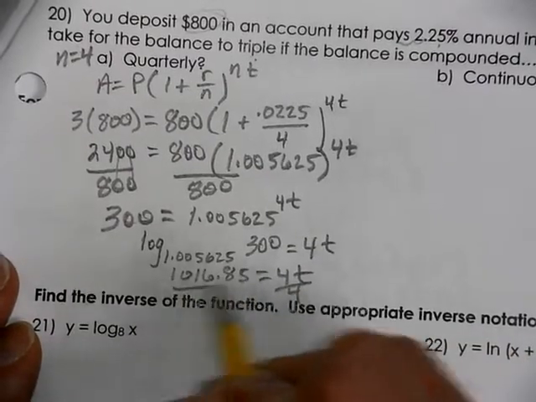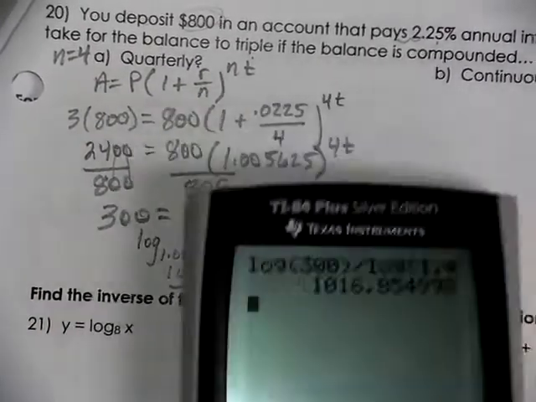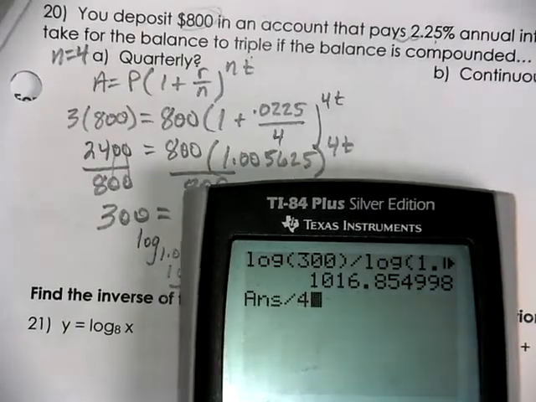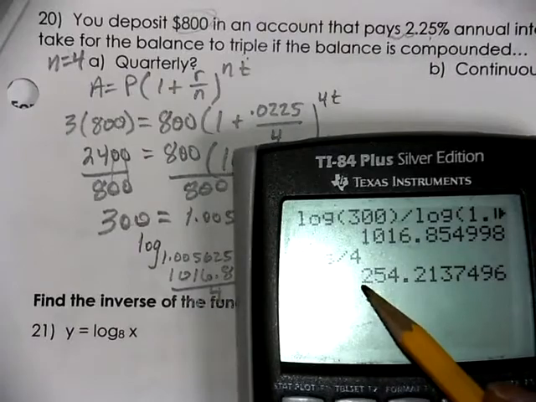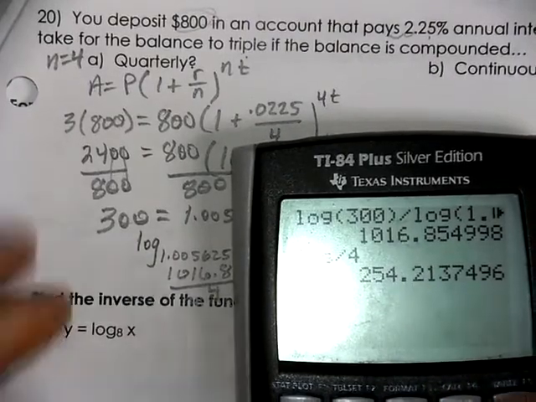And divide both sides by 4. That was the change of base formula we did with the calculator. So looks like 254.21.